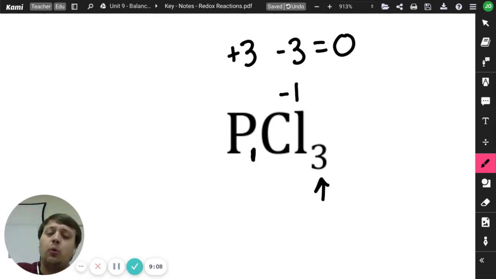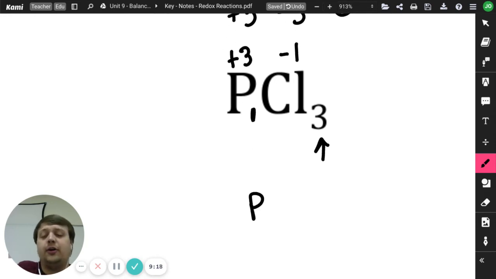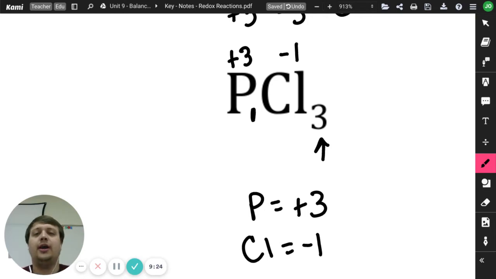I have 1 phosphorus there, so 1 times what oxidation number will give me +3? Well, that's +3. So phosphorus has a +3 as its oxidation number, and chlorine has a -1.